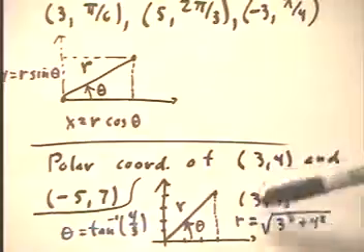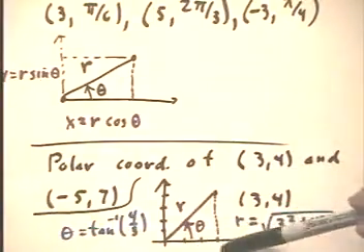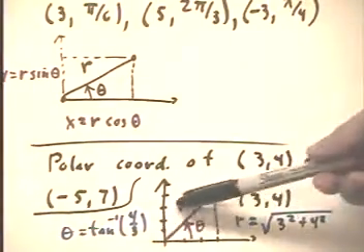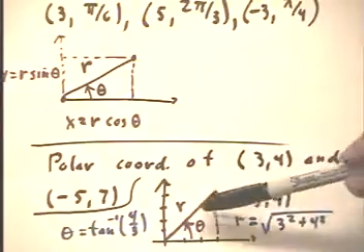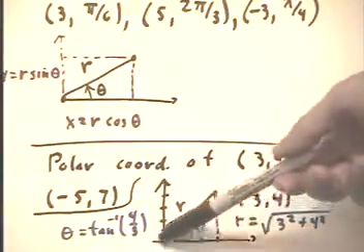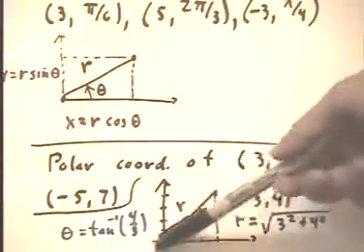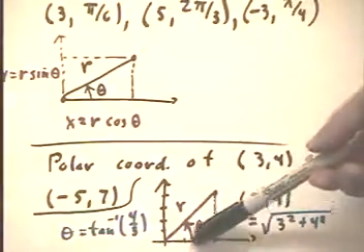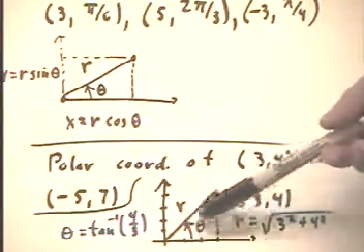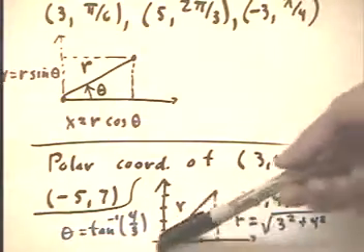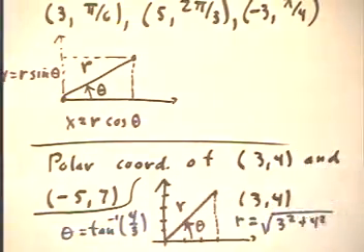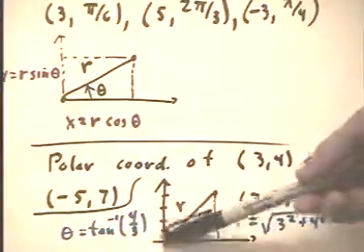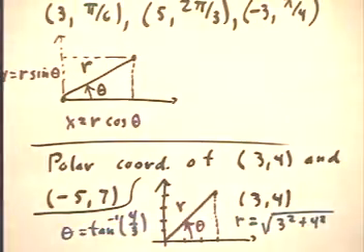So the point 3, 4 in rectangular coordinates, well, we come out 3 units in the x direction, 4 units in the y direction, and there's our point. We've indicated the polar coordinates now in red. r is the distance from the pole, or displacement from the pole, and theta is the angle with respect to the polar axis, which again we identify with the positive x-axis, just as the pole is identified with the origin.